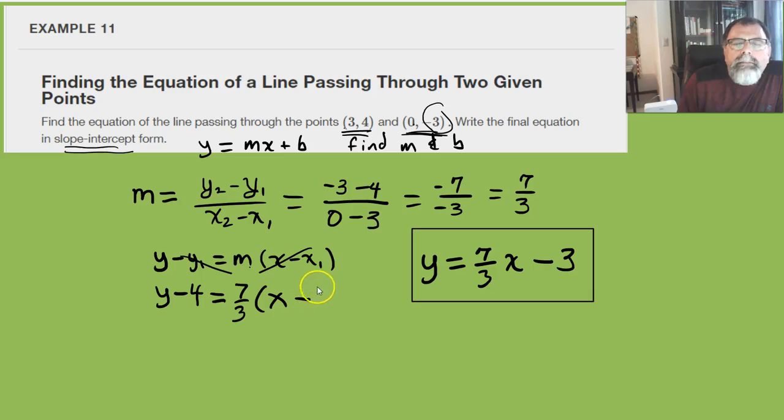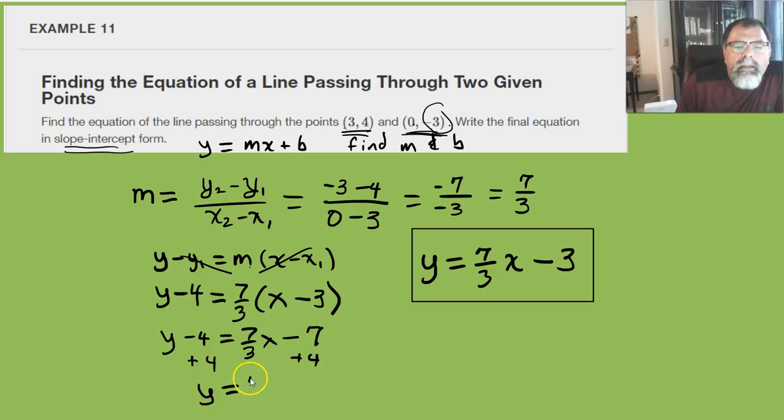X minus x1 is 3. So I'm going to distribute the 7/3. So 7, that's 21 over 3. Well, the 3's would cancel. So it'll be negative 7. Then I'm going to add 4 to both sides. And you can see I get the same answer.